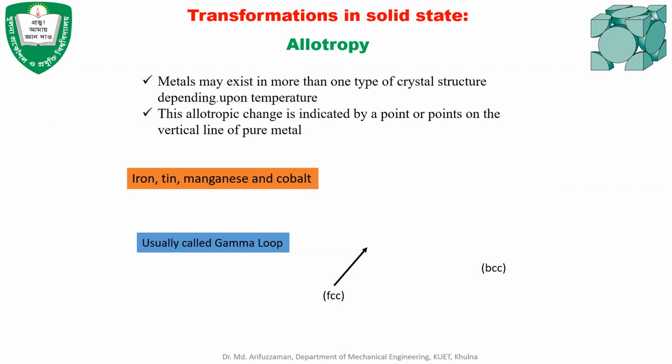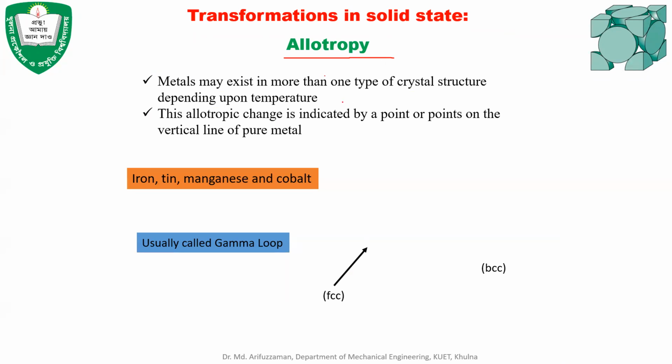Now the allotropy, the transformation in the solid state. In the case of solid state transformation, allotropy is one of them. Allotropy is defined as the existence of different types of crystal structure depending on the temperature, and if it is reversible, then it is called allotropy.